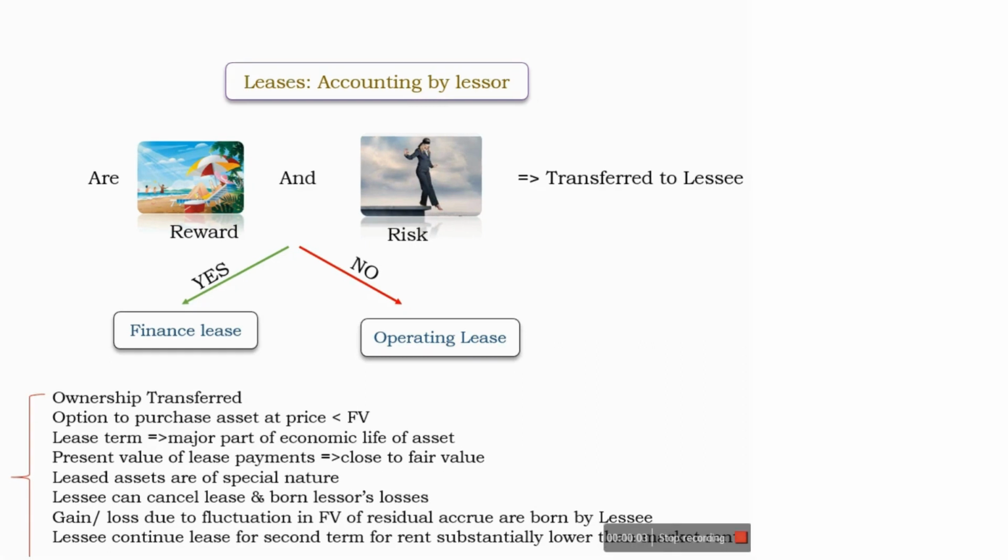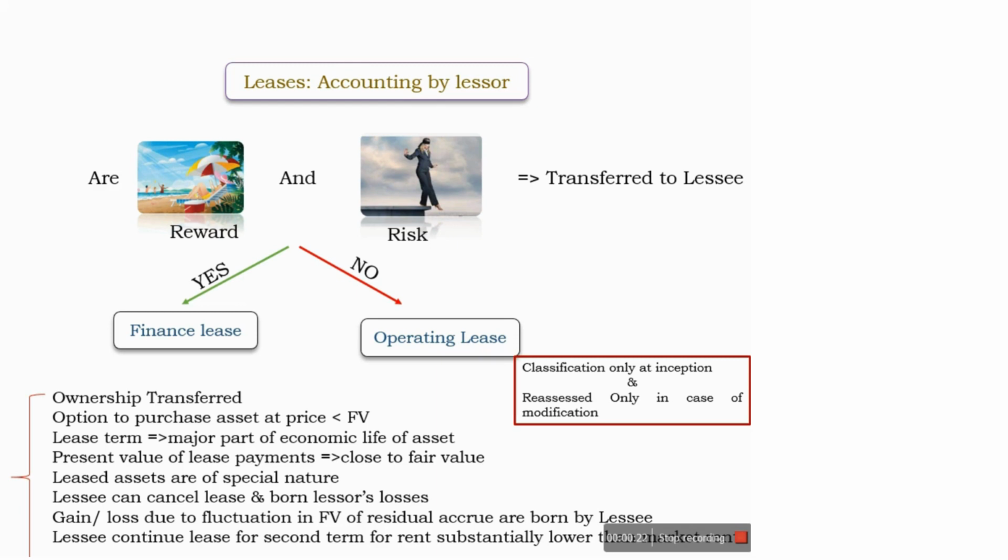Classification of a lease as finance lease or operating lease will be done by the lessor at the inception date only, and it is reassessed only if there is a lease modification. It may be in terms of scope of the lease, or change in consideration, or change in condition of the lease.